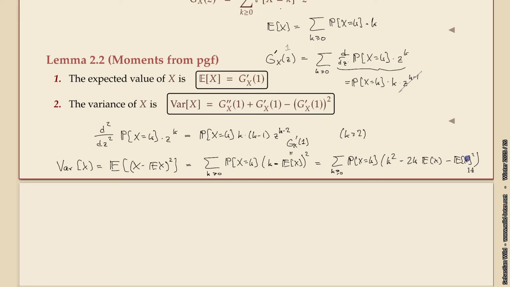Then you can expand this one out. That goes completely out of the formula. This last term doesn't depend on k. This is a constant, so it can go outside.